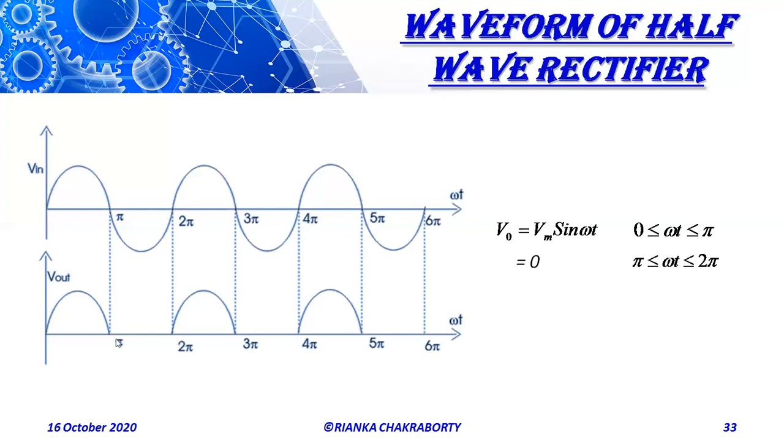We can see that there is no voltage between pi to 2 pi. In the same way, we can write the output current IL equals Im sin omega t when omega t is between 0 to pi and equals 0 when omega t is between pi to 2 pi.